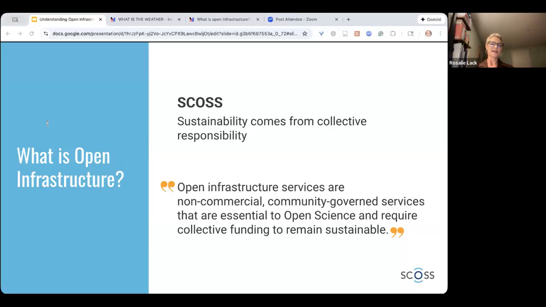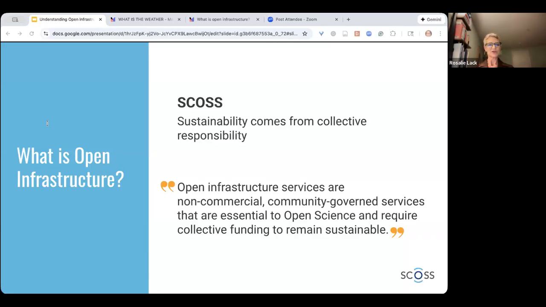So in SCOSS, we talk about open infrastructure as non-commercial, community-governed services that are essential to open science and require collective funding. So the key insight from the SCOSS is this definition of sustainability comes from collective responsibility.